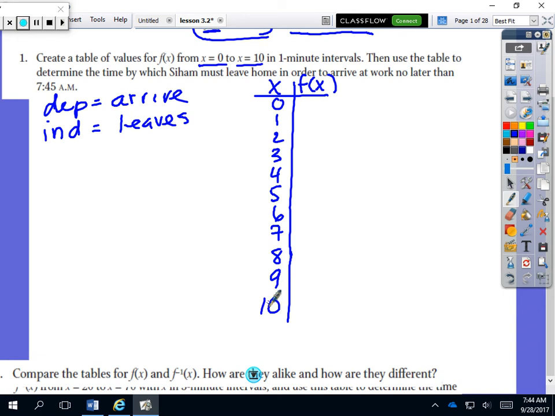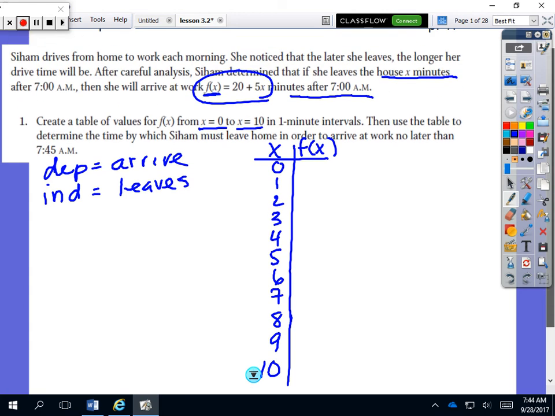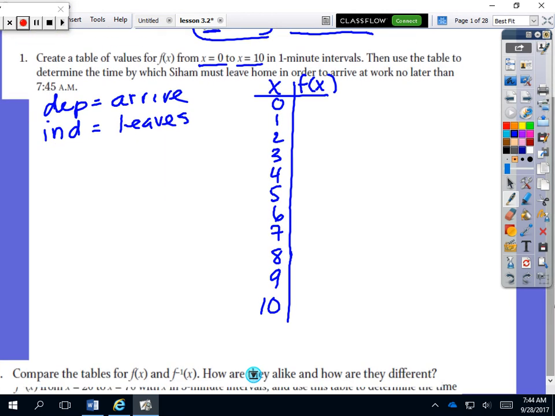Okay, so f of x equals 20 plus 5x. If x equals 0, you can put this in your calculator and just copy the table, but hopefully you can do this mental math.